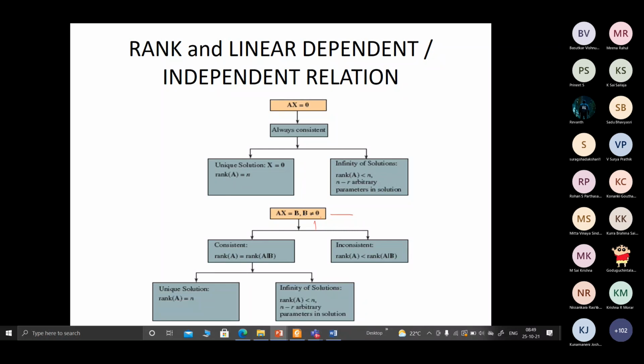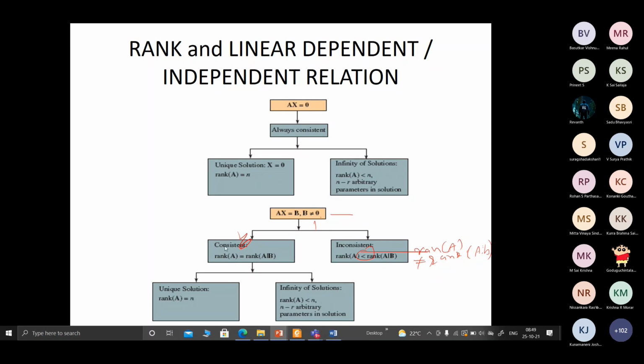So if there is no solution, we exit. If the rank of A is not equal to the rank of the augmented matrix, no solution, so we exit the system.